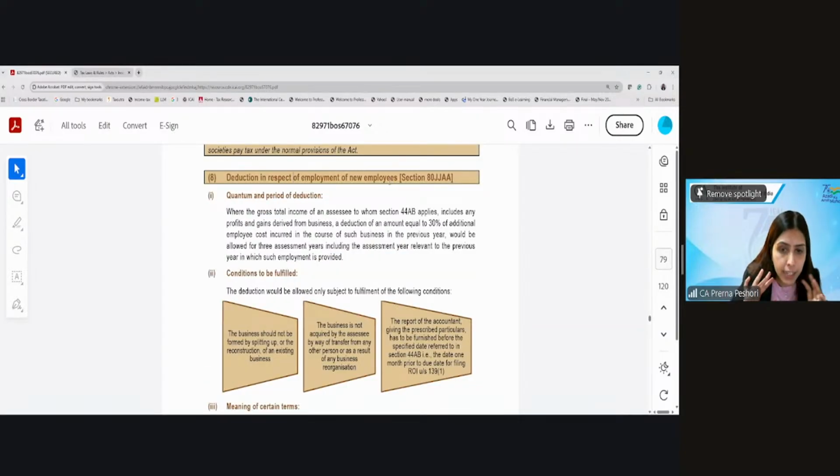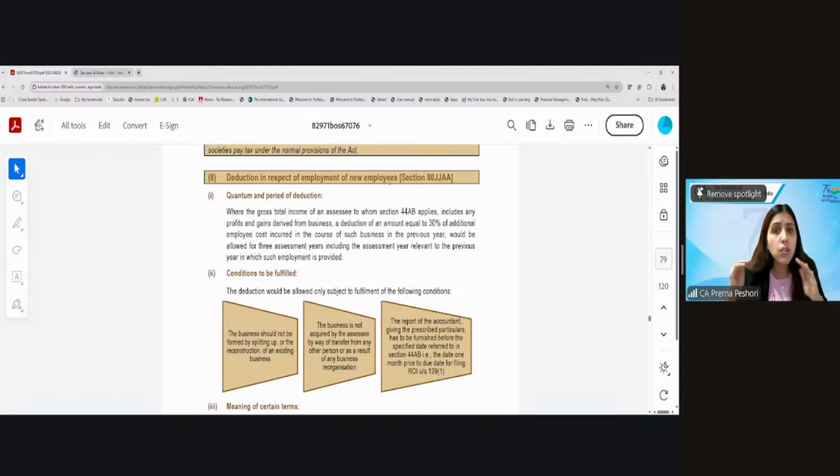This is not relating to any income. All the income-based deductions we have completed. This is eligible under the old as well as the new scheme, under the concessional tax regimes also.